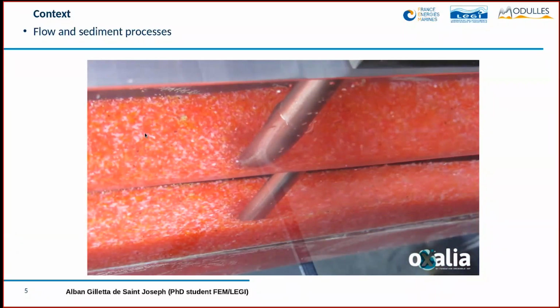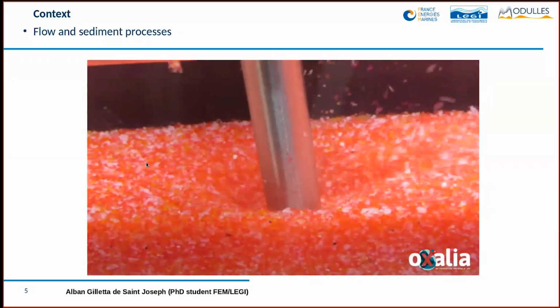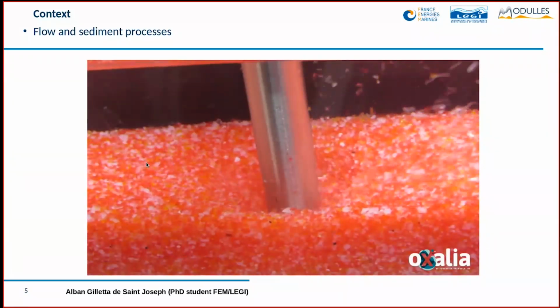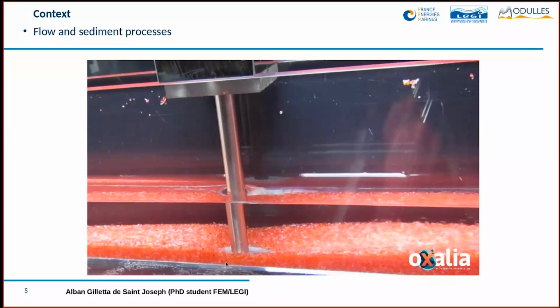And upstream, you can see the horseshoe vortex taking some sediment upstream and releasing it downstream on the sides of the structure. At the end, no more sand is around the structure, and you have a fully eroded foundation, which can lead to damage and failure.